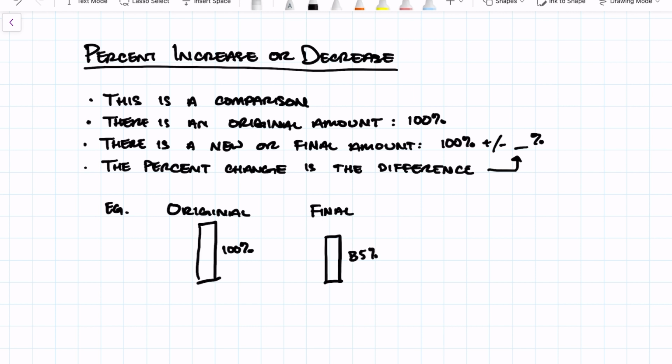That's the final. These two numbers you already have, and sometimes we will be looking for the percent change. The percent change is this gap, this number that's missing right here. If you do the calculations, you know that this is 15%. So let's write that 15% is the percent change.